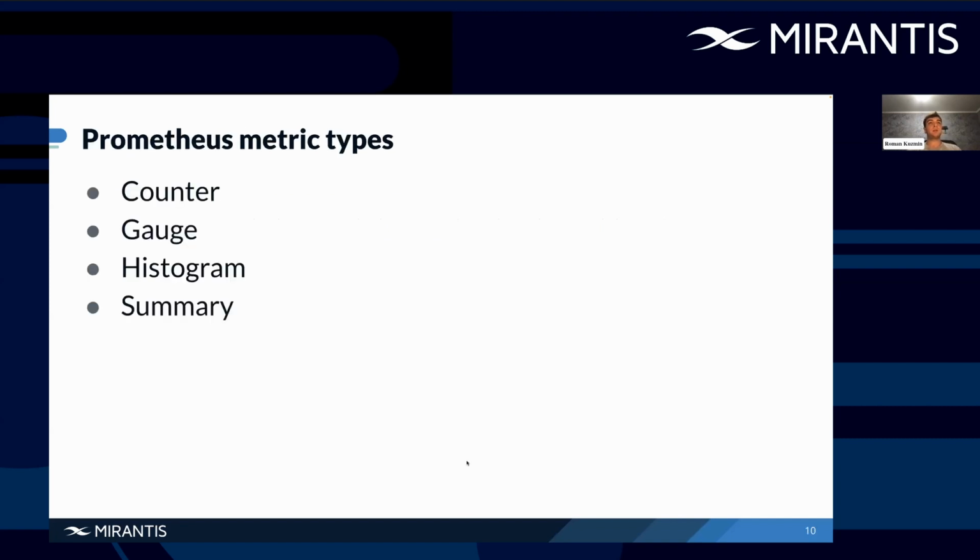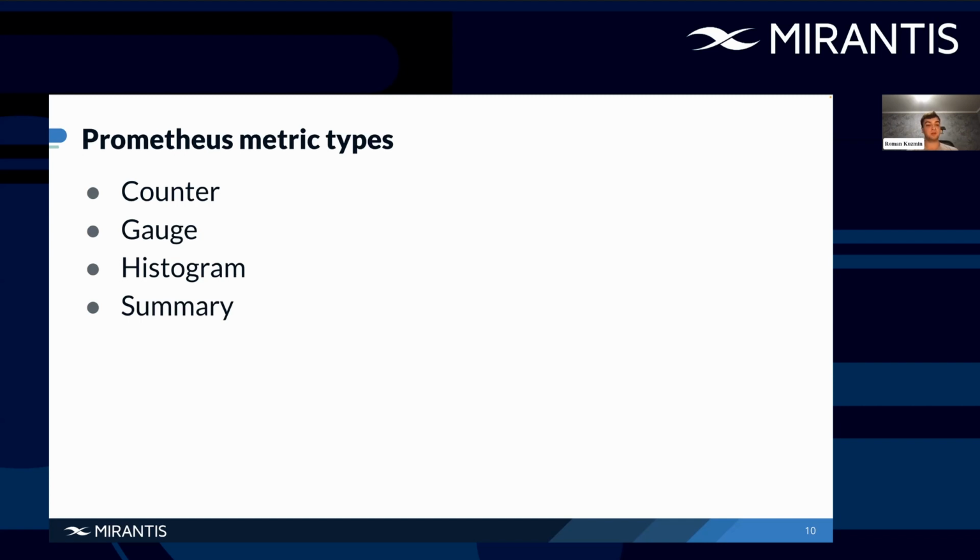So let's talk a bit about the metric types that Prometheus is using. The Prometheus client libraries offer 4 core metric types. You can see them on the slide, and I will describe all of them. The first one is called the counter.